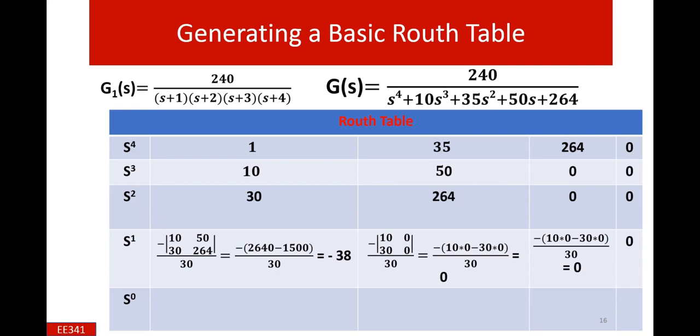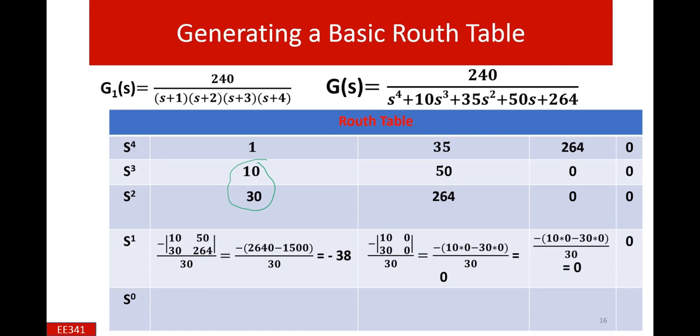So the first element of this fourth row is found by using 10 and 30, and the next adjacent two elements are 50 and 264. After multiplying, 10 multiplied by 264 is 2640, and 30 multiplied by 50 is 1500. So after calculation the value is -38.